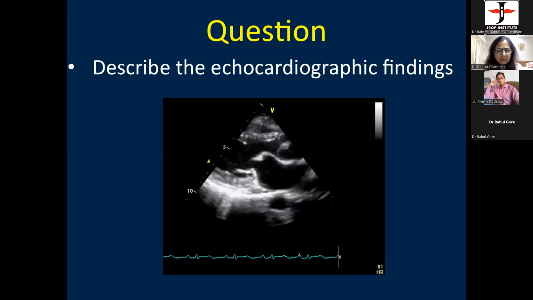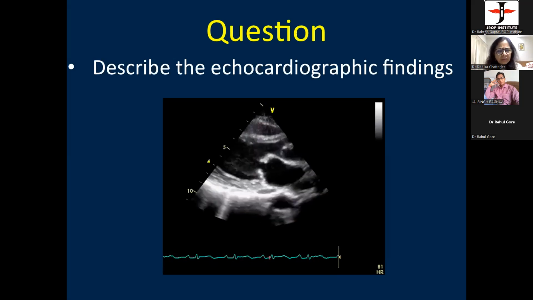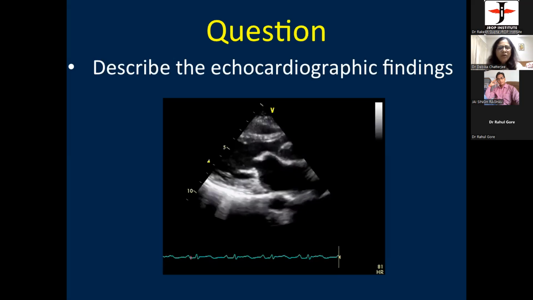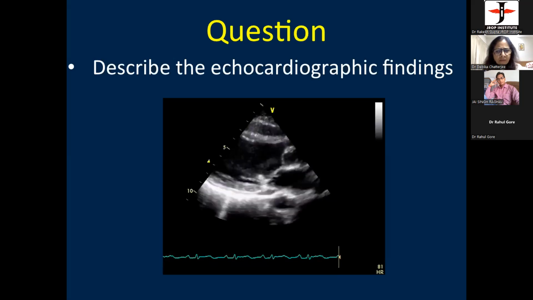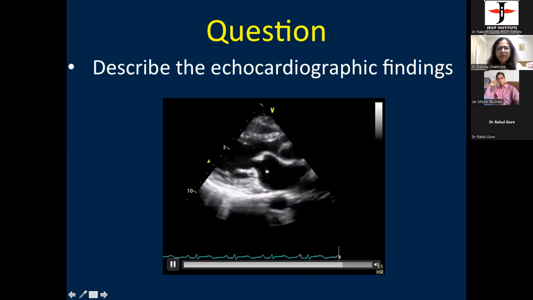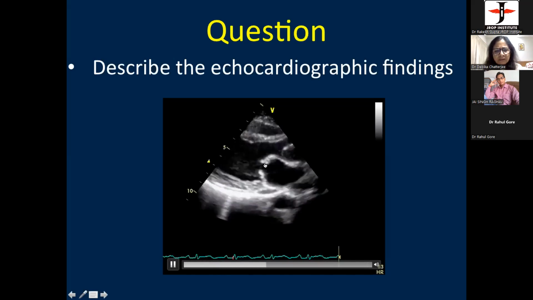Ma'am, there is calcification and thickening of the leaflet at the doming tips of the anterior mitral valve leaflet. Calcification, ma'am, a little bit at the tip. Can you see the calcification? Okay. Little bit. Anything else?